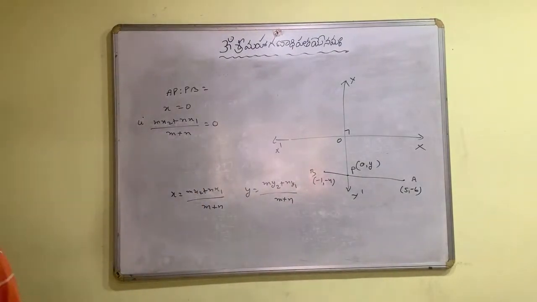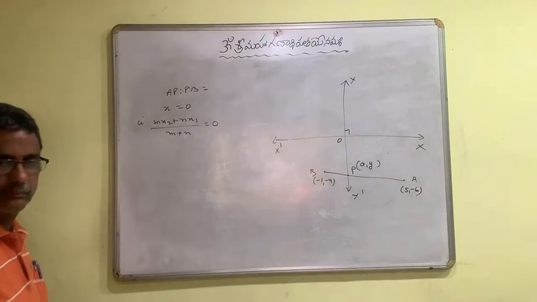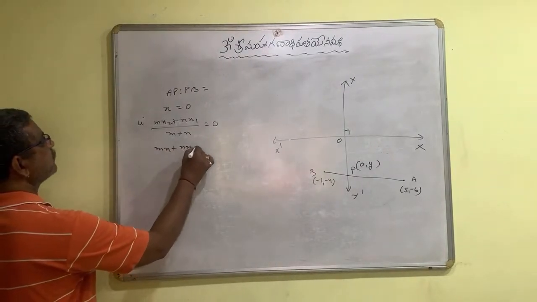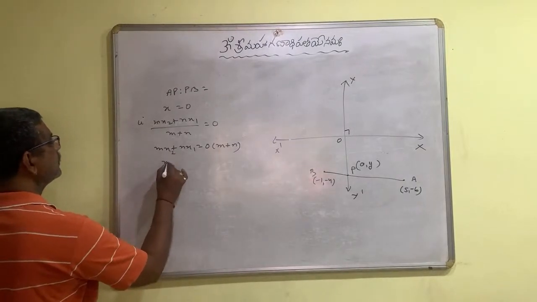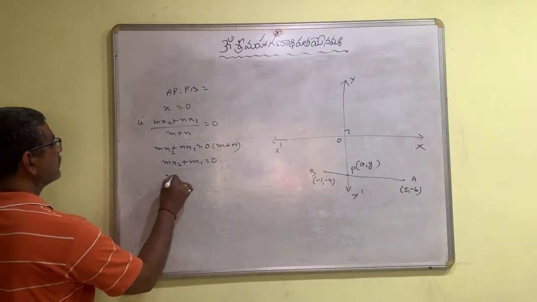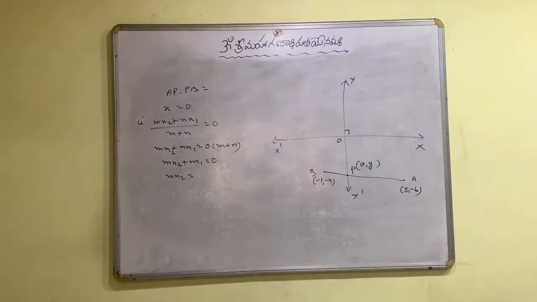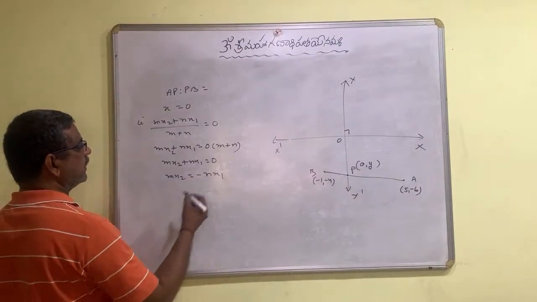That means mx2 plus nx1 is 0, so mx2 is equal to -nx1.